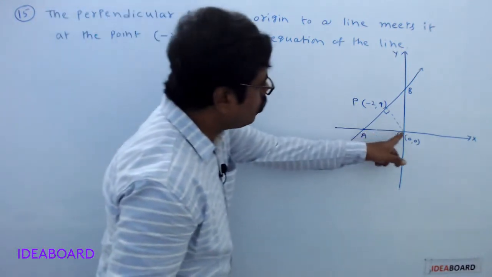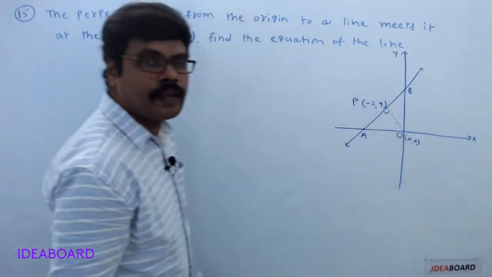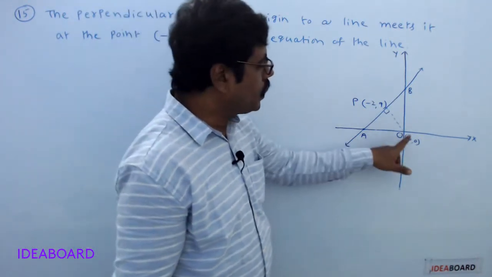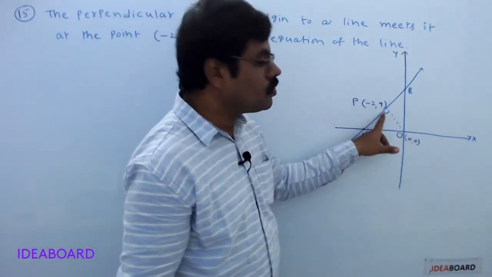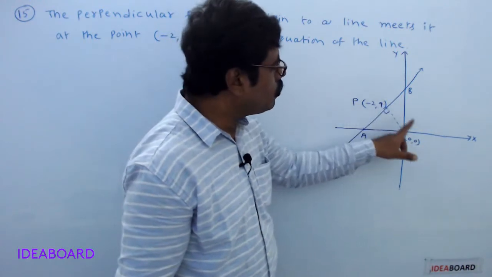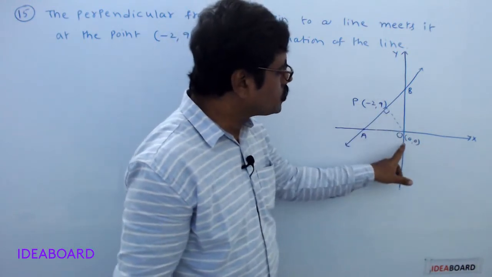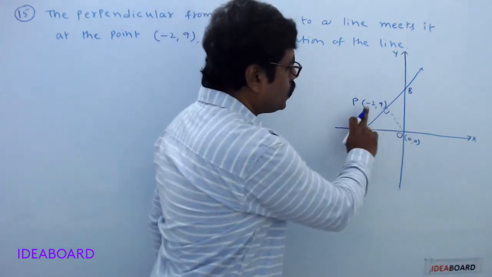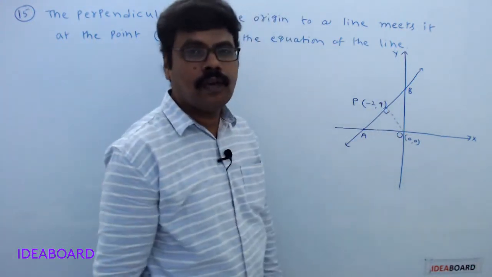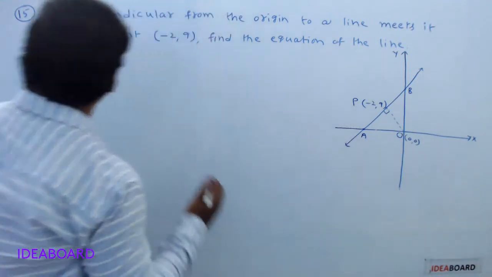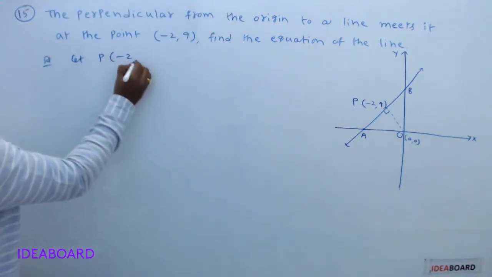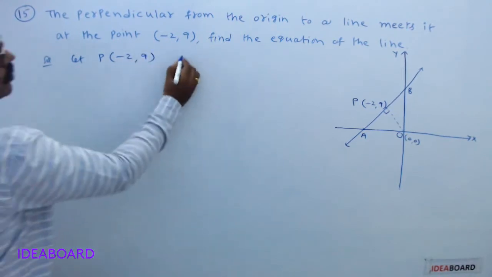Calculate the slope of line OP. The slope of a straight line passing through the points x1, y1 and x2, y2 is y2 minus y1 divided by x2 minus x1. In general, the difference of y coordinates divided by the difference of x coordinates. Let P equal minus 2, 9.